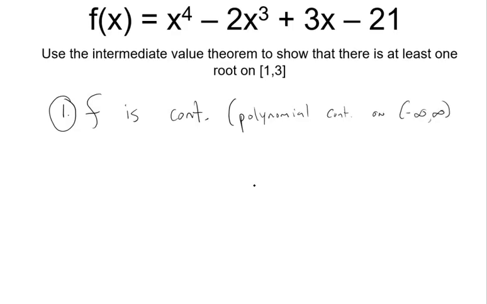So if it's continuous on the real number line, then it's certainly continuous from 1 to 3. Then the next thing you do is calculate f of 1, and then you calculate f of 3, and if 0 lies in between these two outputs, then we're done. We say yes, the intermediate value theorem applies.